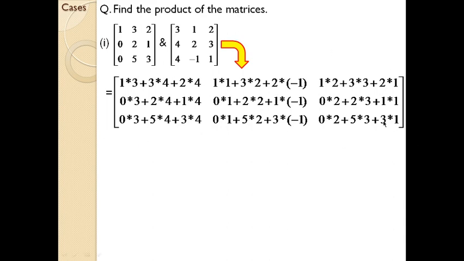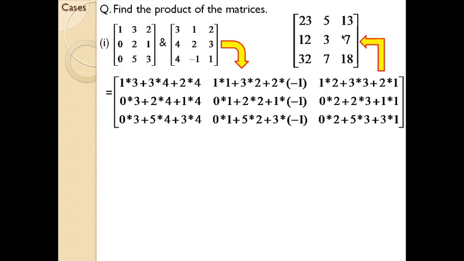And if you solve all these values, you will get a new matrix. See, this is the product of these two matrices. This is how you have to multiply the two matrices, or it is a case where the multiplication of two matrices works. I hope you understand the concept. Just go through it.